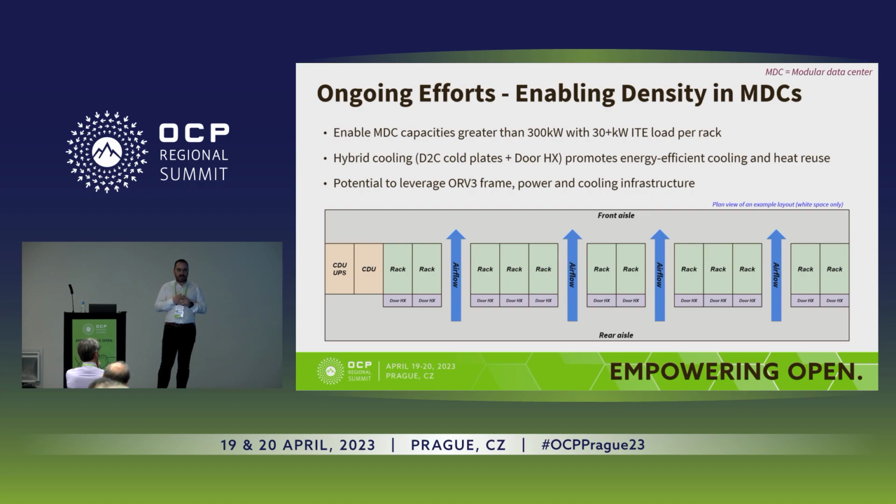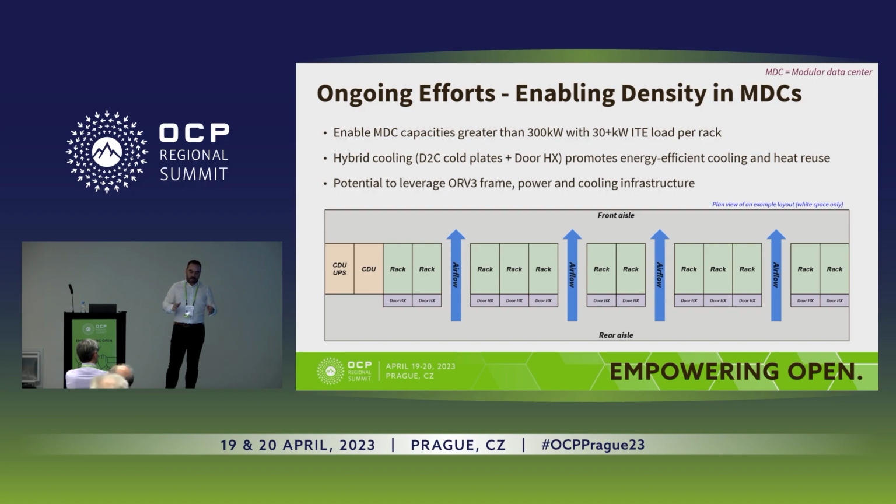For that, this is hybrid cooling, so the door heat exchanger working together with cold plates. And it promotes energy efficiency. Like I say, we can increase the facility water temperature, and with the cold plates, we won't have an increase in the energy consumption of the fans of the servers.